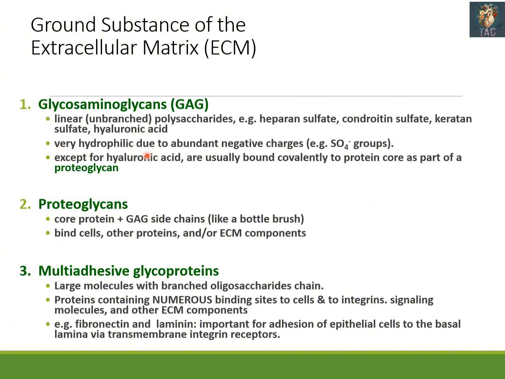They are very hydrophilic due to abundant negative charges, that is the sulfate groups which are present, and because of this reason they attract water. So a large amount of water molecules are bound to these glycosaminoglycans. Except for hyaluronic acid, they are usually bound covalently to a protein core as a part of the proteoglycan.